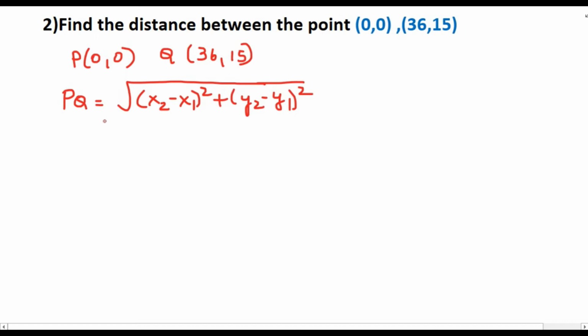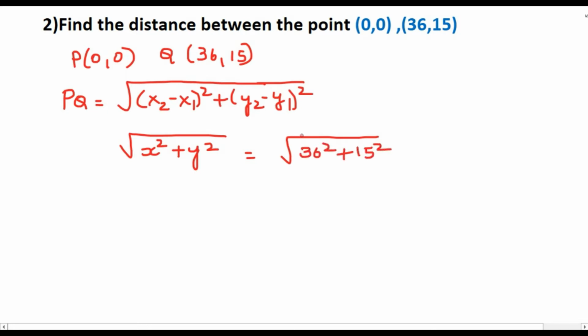The distance between the origin and any point can be taken as square root of x square plus y square. So it is square root of 36 square plus 15 square, or if you use the other formula with x1 y1 x2 y2, you will get the same answer.